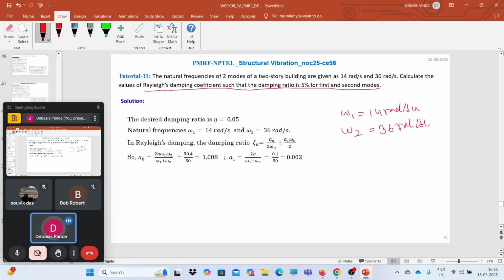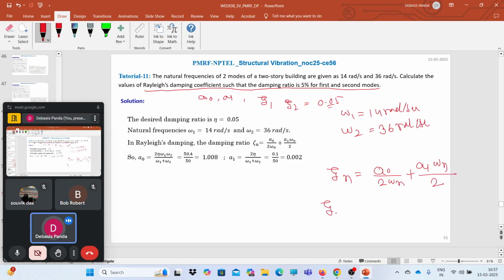That means you need to find A0 and A1, where zeta 1 and zeta 2 are given as 0.05. Simple, straightforward. You need to use this equation: zeta n is equal to A0 by twice omega n plus a1 omega n by 2.